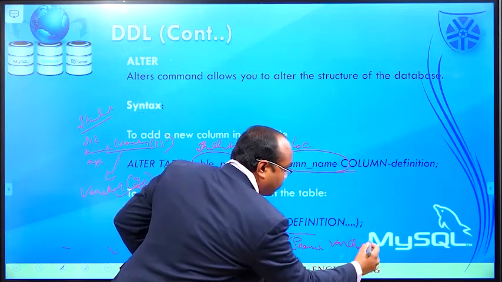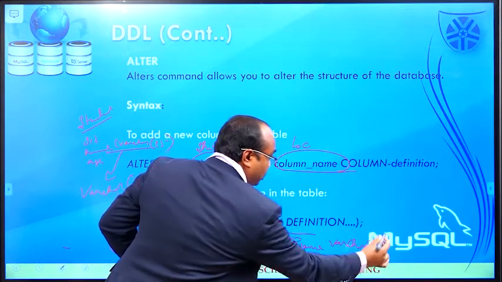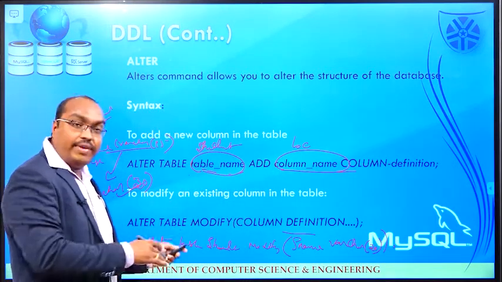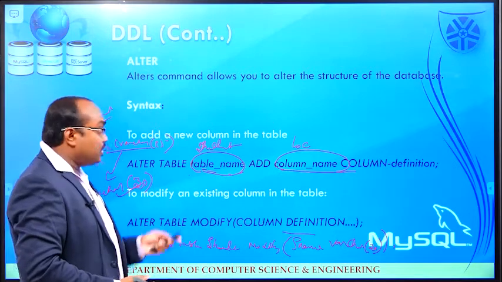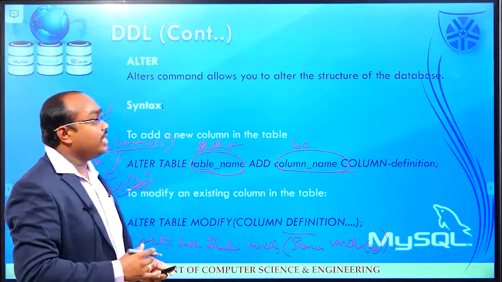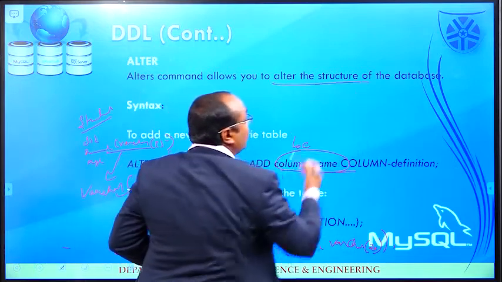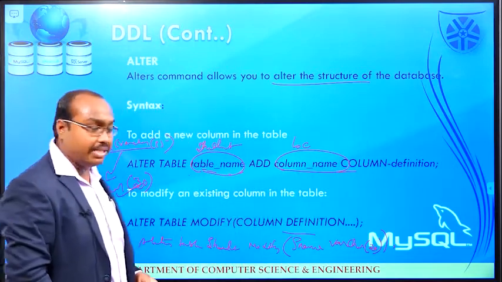Varchar of 30. This is the way we modify the defined structures. This alter command is used to modify the structure of the databases.